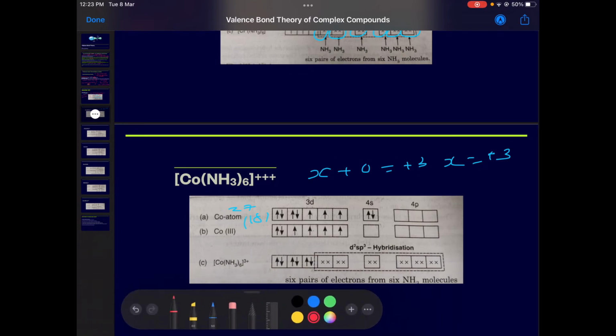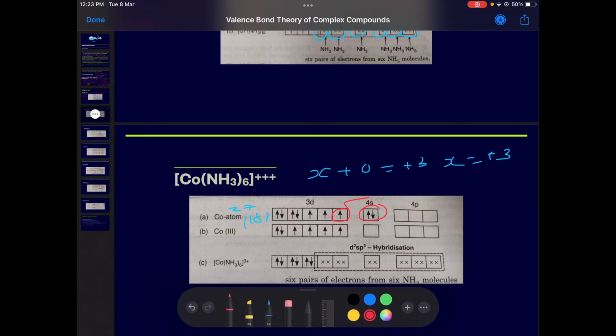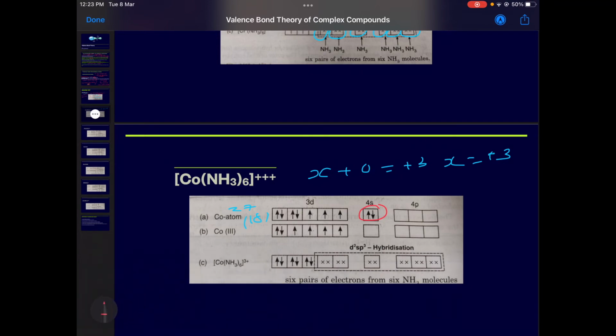Since it has a plus 3 oxidation state, it will remove 3 electrons, the 4s electrons and one from 3d. So this is becoming 3d6.